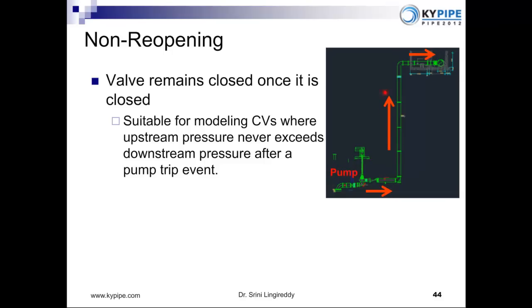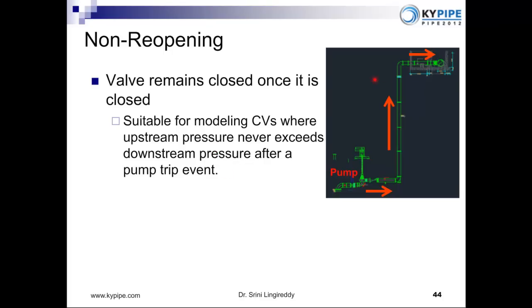For example, suppose you're pumping water from a very low elevation to a high elevation. Suppose you have a 10 meter, 20 meter elevation difference here. And the check valve, whether it is located down at the bottom or even at this location, once there is a pump trip, there is really no real chance for the pressure on the upstream side of the check valve to go above the pressure on the downstream side.